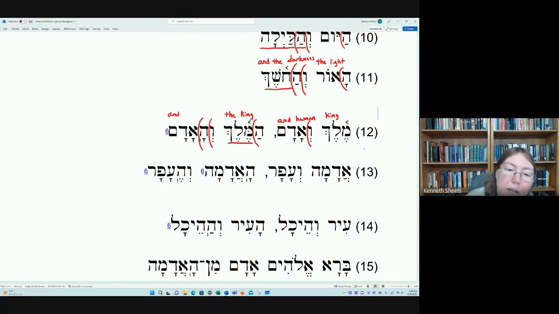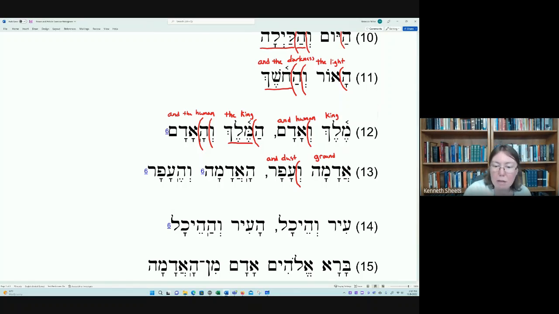So, and the human. And then we can come on down here next, Adama, Wa'afar. And so Adama, that's going to be the idea of ground. And then Wa'afar, you can see the conjunction right there, and dust.